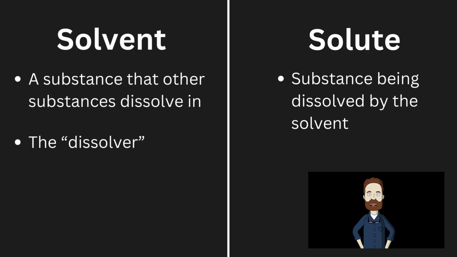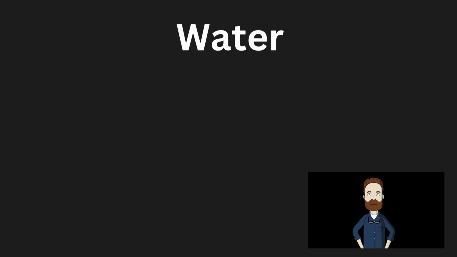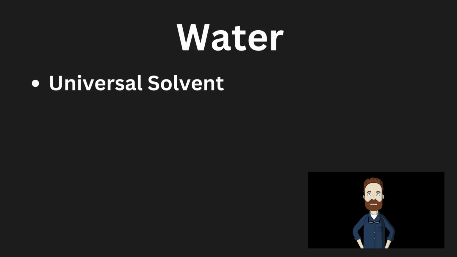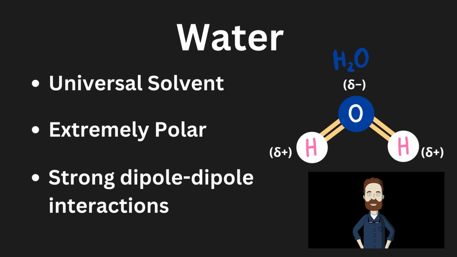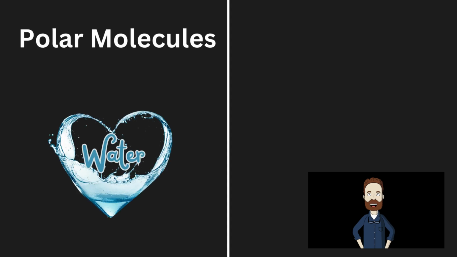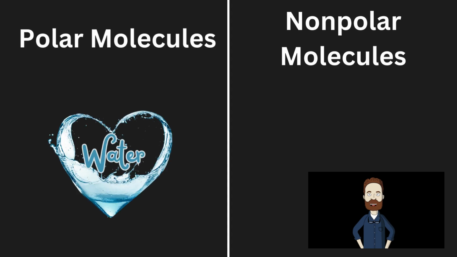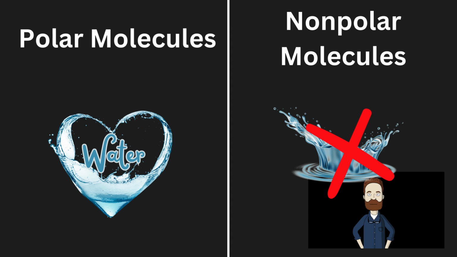A very common solvent that we'll focus on for the rest of this video is water. Water is considered the universal solvent since it is extremely polar and has strong dipole-dipole interactions which attract other polar compounds. Put in simple terms, polar molecules really like water, while nonpolar molecules want to avoid it at all costs.